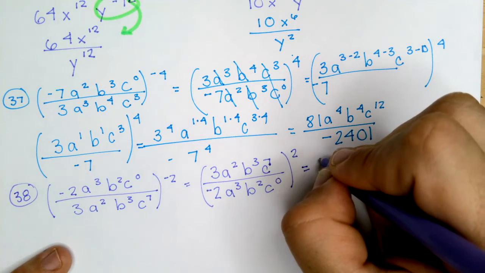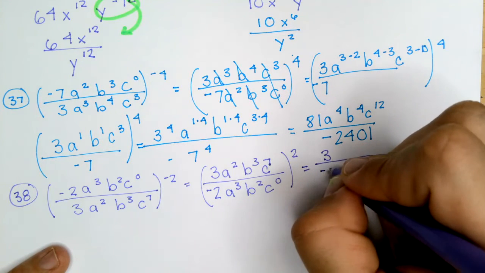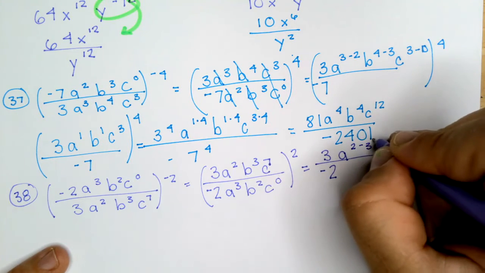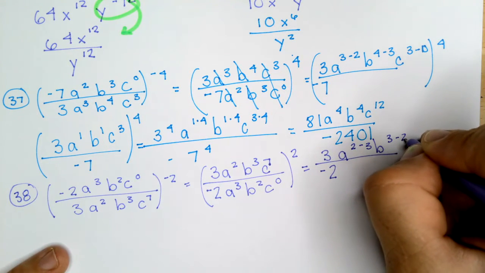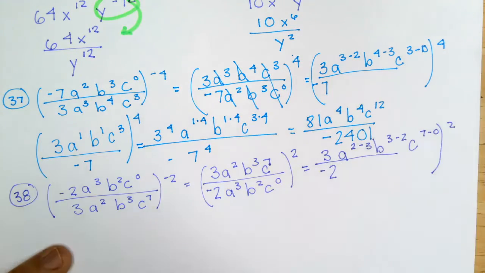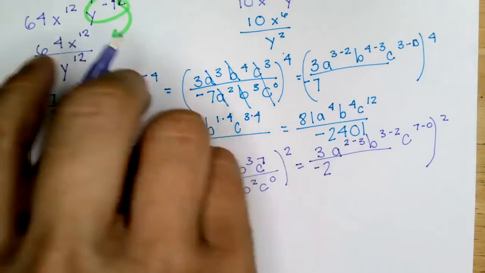So now I have 3 over -2, a 2 minus 3, b 3 minus 2, c 7 minus 0, all squared. Also, if you don't want to do it this way, you can write it out. There are 2 a's up here, right?